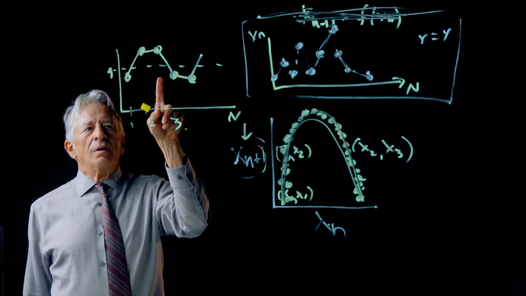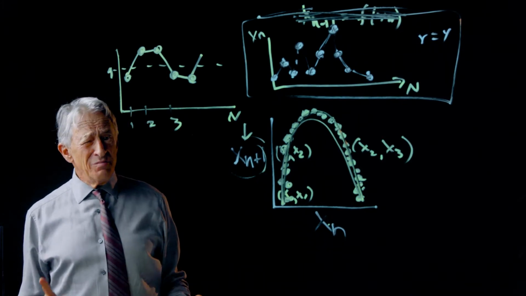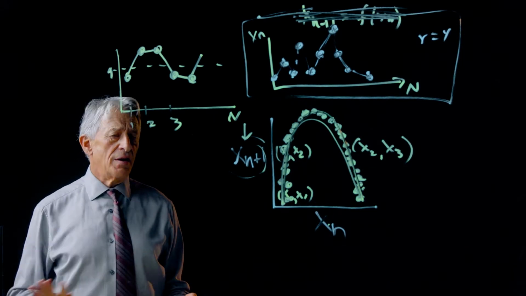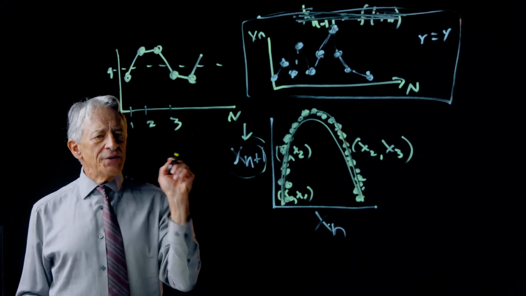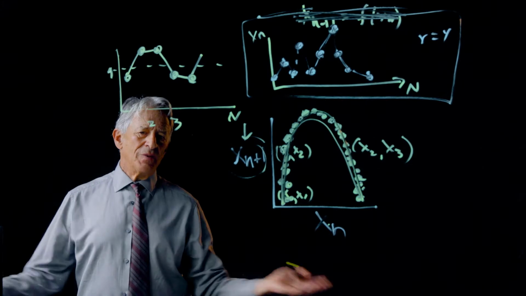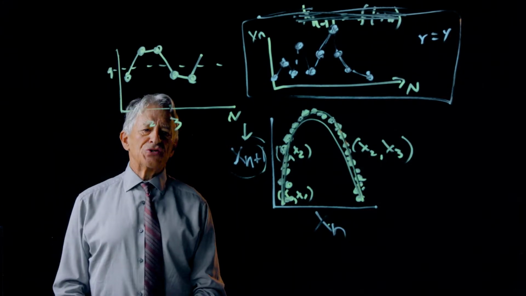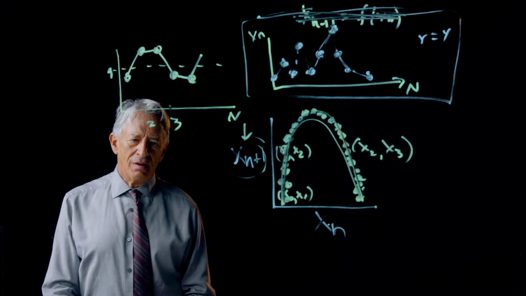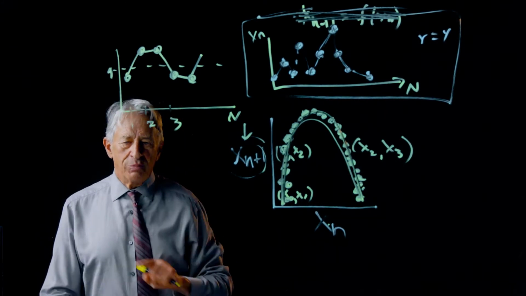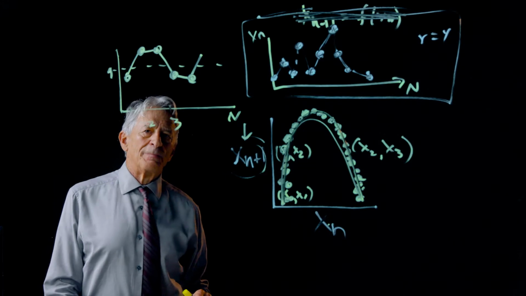Now, is this random or is it chaotic? Well, let's go back to this idea of random equals external variability and chaos equals internal variability. And you can see how it applies to this example.